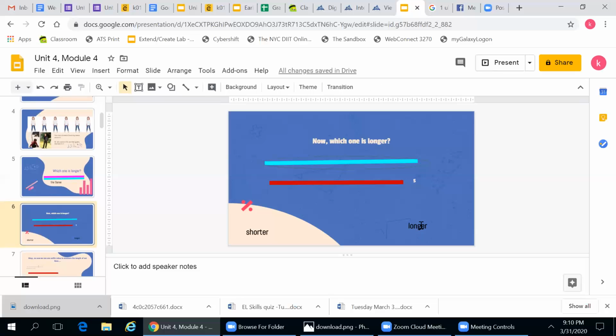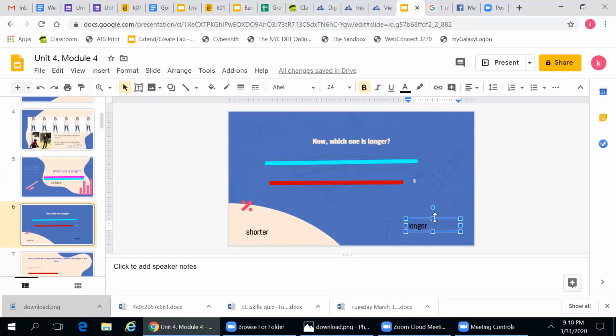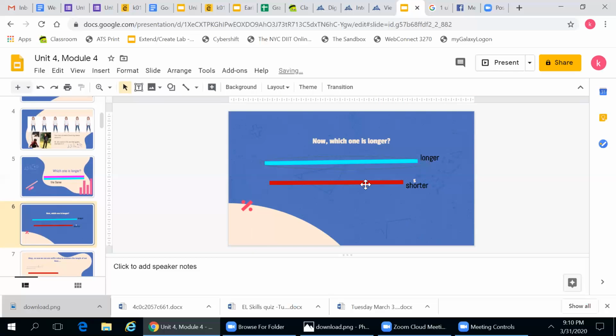Since it's longer, I'm going to put the longer word next to the blue line, and I'm going to put the shorter word next to the red line, because we just figured out that the red line is shorter and the blue line is longer. And we figured that out because we measured them. We put them right up against each other to see which was the longer one. Okay, so that's one way that we can measure something.